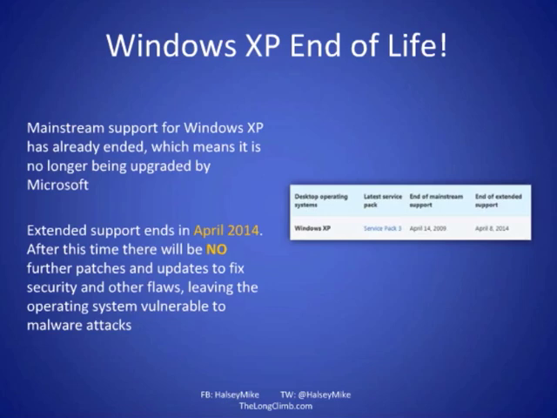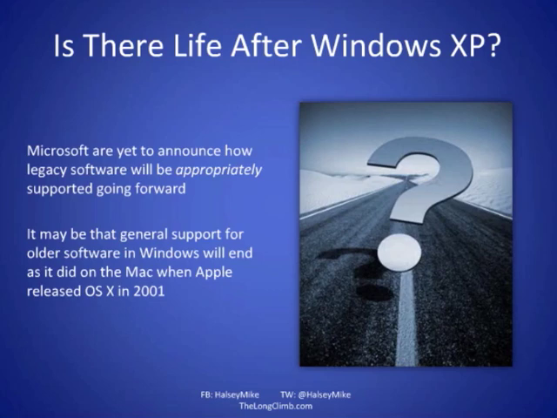So nobody moved to Windows Vista, and by the time Windows 7 came along, Windows XP had been around for almost 10 years, and people were just happy with it. So this is why I don't think there's going to be any Windows XP support, not official support anyway, in Windows 8, because before Windows 9 comes out in 2015, the full support life cycle for Windows XP will have ended. So this is something that you need to be aware of.